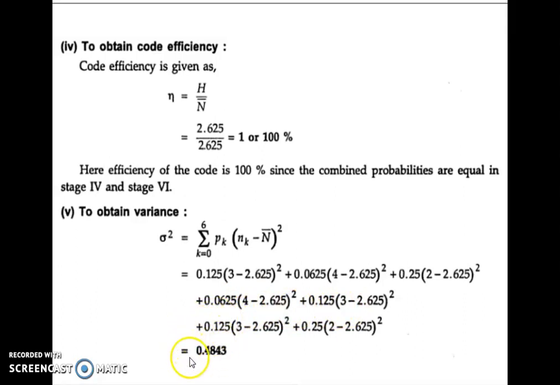This variance value is the minimum value, as we have preferred the method where the combined probability is placed as high as possible. That means when you add the two lowest probabilities and keep the addition on the top in the next stage, it is called the minimum variance calculation. Thank you for watching this.